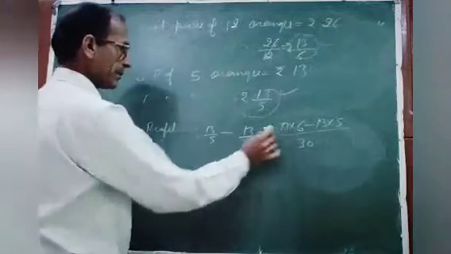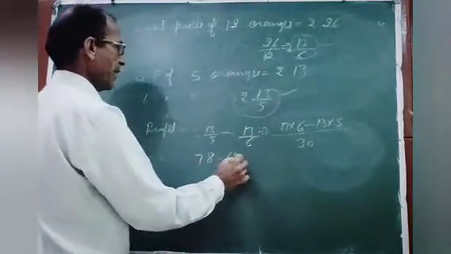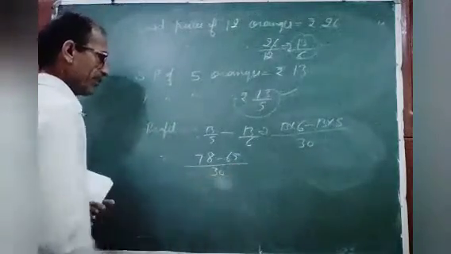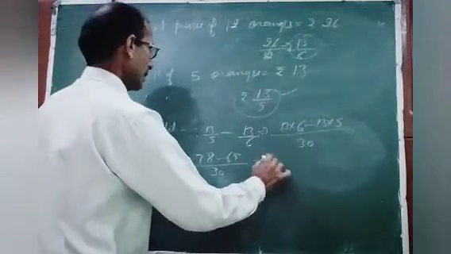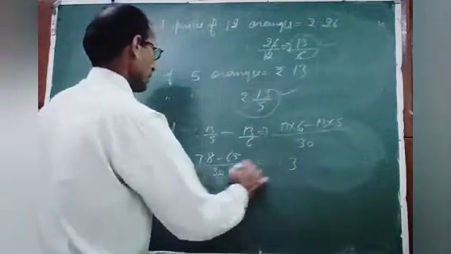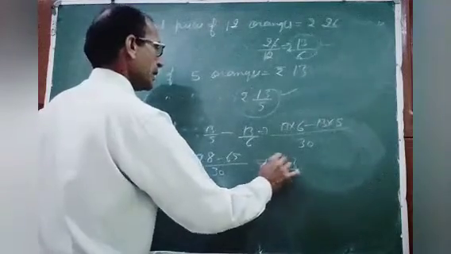So 78 minus 65 upon 30. It will be 13 by 30. So this is the profit.